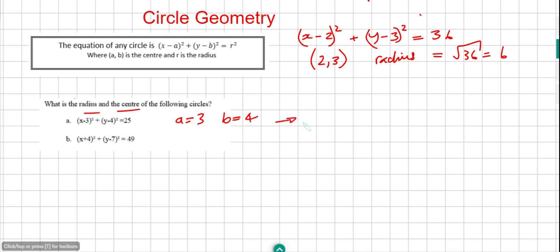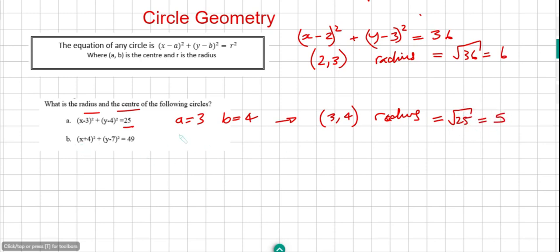So the coordinates of the center of this circle are (3, 4), and the radius is going to be the root of 25, which is 5.